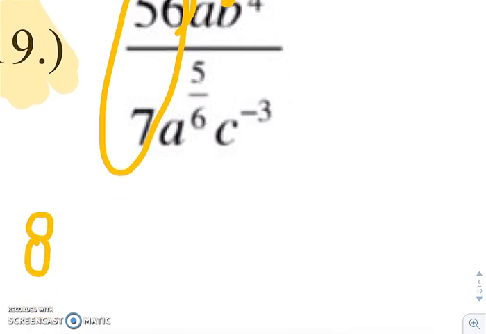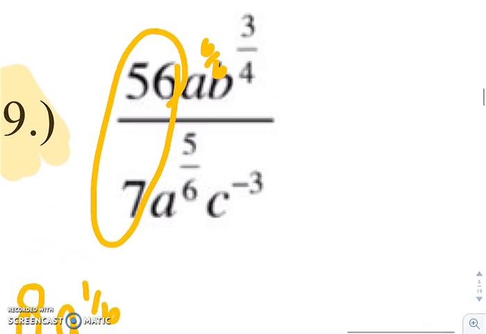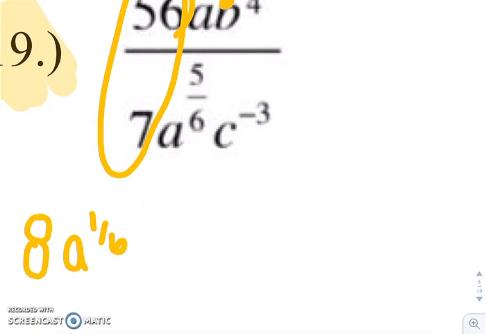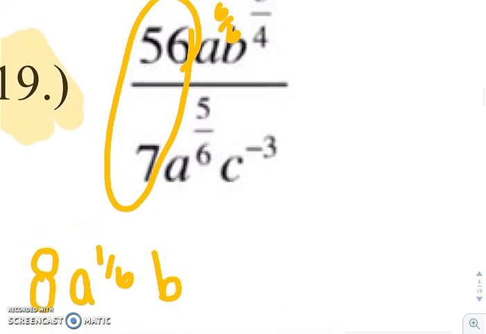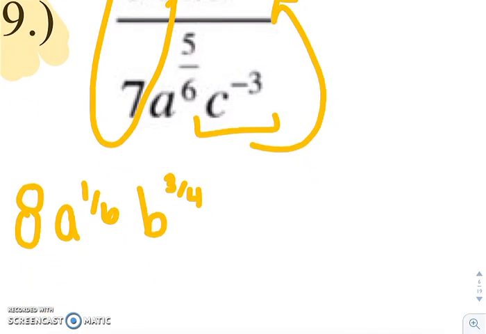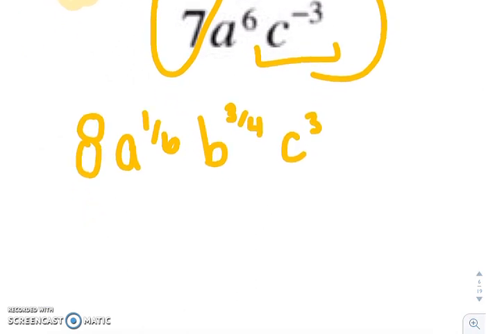So 6 minus 5 gives us a to the 1/6. There's nothing to combine with our b, so we're just going to keep that b to the 3/4. And our c guy is negative, so it actually needs to come up to the top with everything else. So the 8c cubed I'm going to put out front for right now.